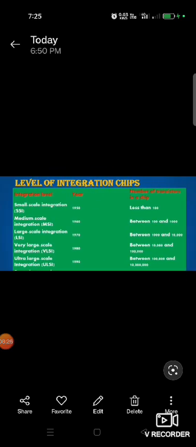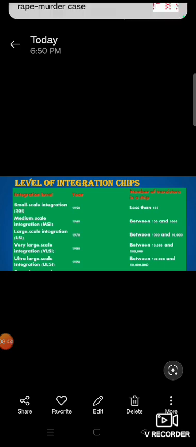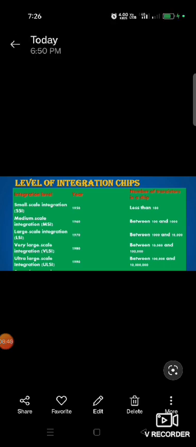And the next one, we are going to see about levels of integration of chips. In 1950, the integration level was very small, so it is called small scale integration. Here the number of transistors used in a chip is less than 100, and in 1960 it increased to between 100 and 1000 transistors, and it is called medium scale integration.